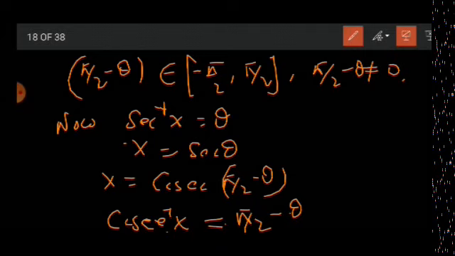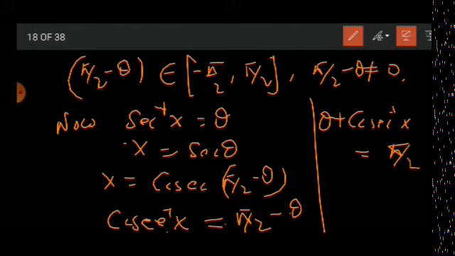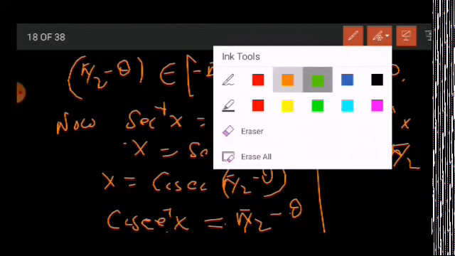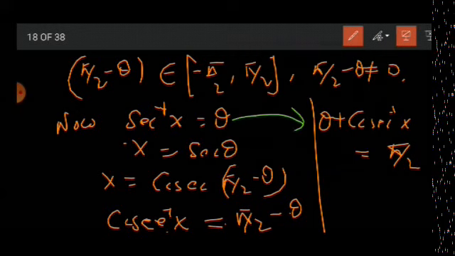Now, theta, what we recall over here. So theta plus cosec inverse x is pi by 2. So for this theta, we can place sec inverse x, which we have already assumed.